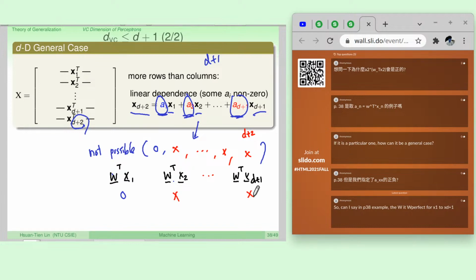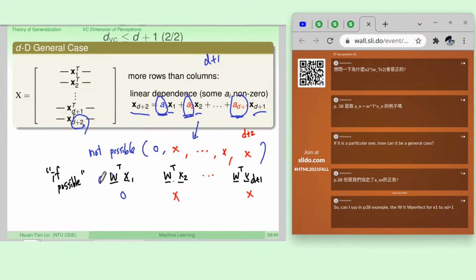Okay, if possible, then there's a W and W must satisfy this. Then what would happen if I put this sign back into the linear dependence equation?